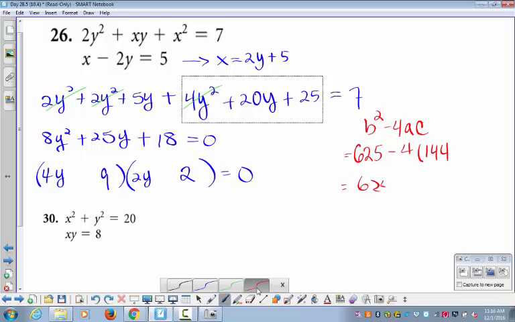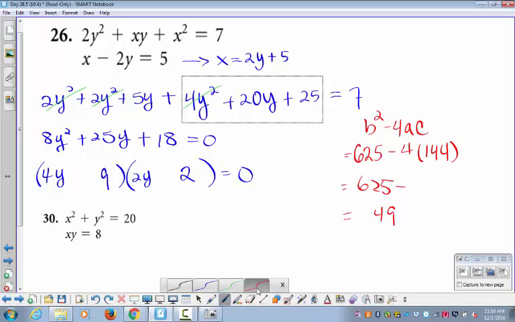So that's 625 minus 144 times 4, which is 576. That gives 49. So it definitely factors. Found it.